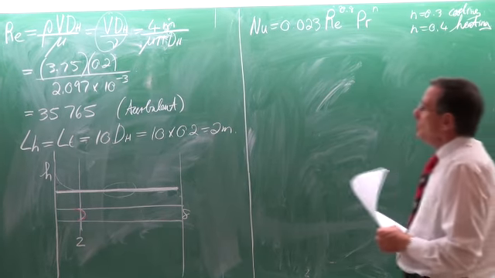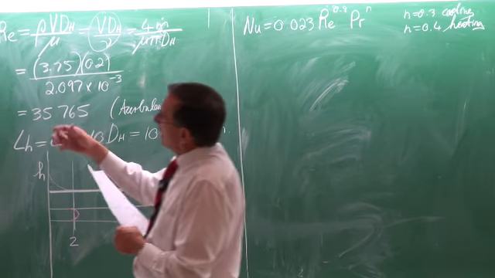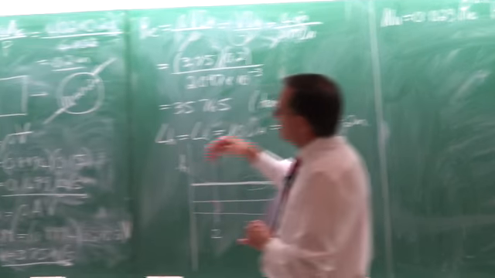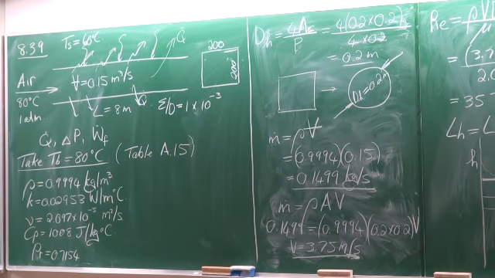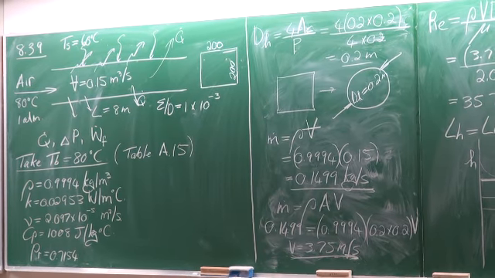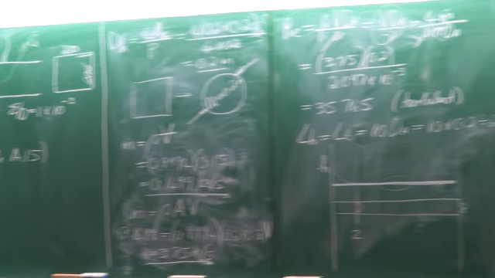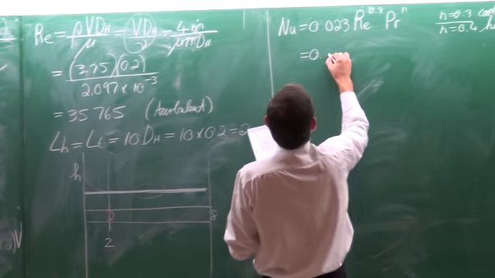Okay. Now if we look at the air enters at 80 degrees Celsius and the attic is at 60 degrees Celsius, so the air will be cooled. Therefore n in this case is equal to 0.3. So let's calculate the Nusselt number.